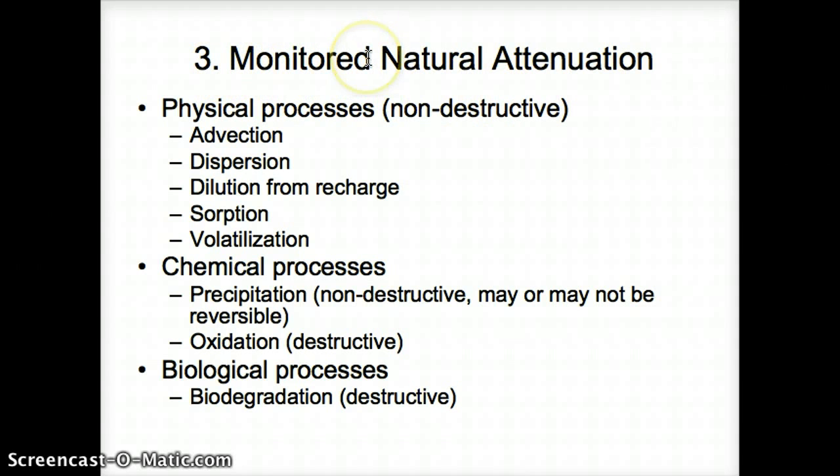Monitored means a lot of collecting samples and continuously going to the site to examine it. Natural attenuation is letting nature take its course to attenuate the concentrations of chemicals. You can see here all the physical, chemical, and biological processes that can happen naturally.